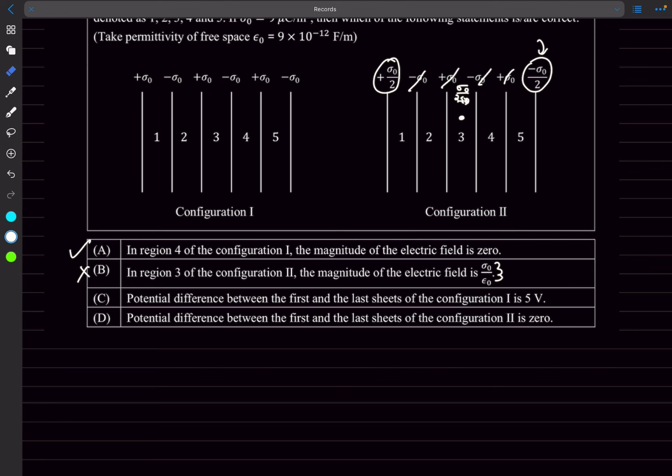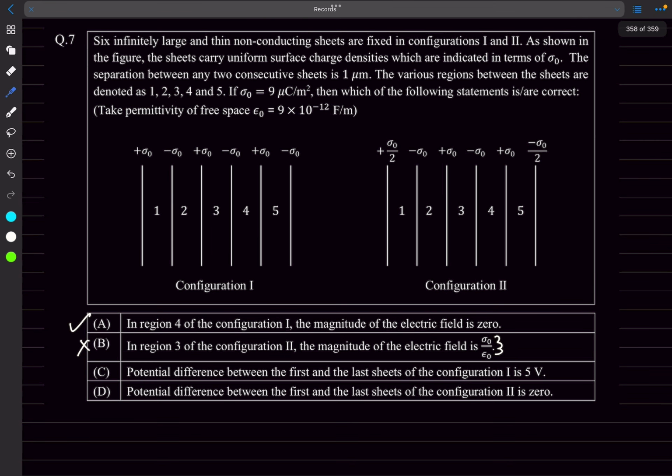Potential difference between the first and the last sheets of the configuration is 5 volt. Okay, so yeah, we also had to figure out the potential difference. Now as we have to determine the fields in each location, we can just assume the charge distribution for the conductor, right?